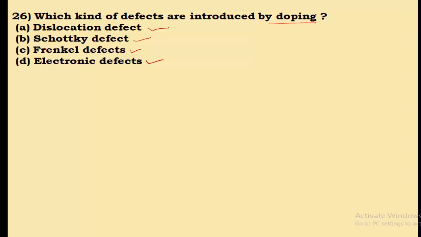Electronic defect is the defect which is obtained by doping. So option D is the right one. To increase the conductivity of semiconductors, we add certain impurities, and that kind of defects are said to be electronic defects, because when we add the impurities, certain defects occur in the crystal, and hence they are known as electronic defects. So option D is the right one.